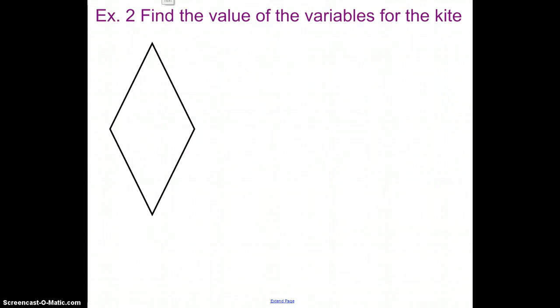So on this problem, I have a kite, and I also have some values. I'm actually going to plug these in here so that you can actually mark yours. So x plus 6 on this side. Over here, I have 2y plus 5.